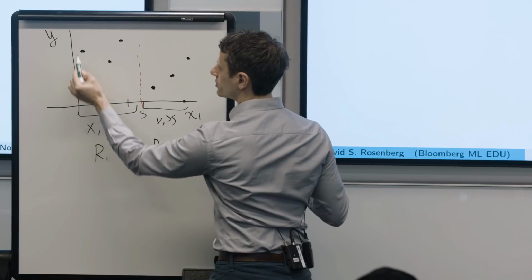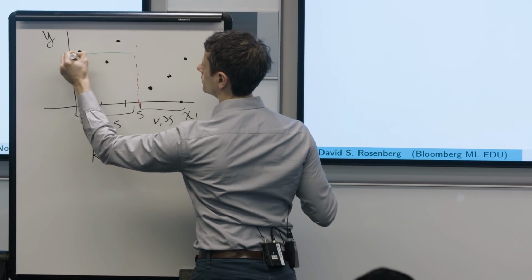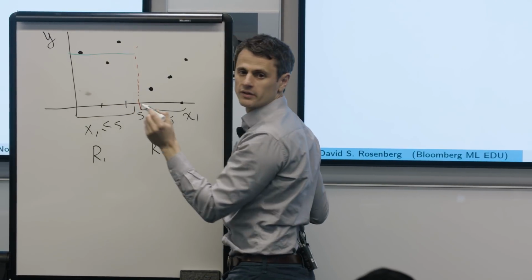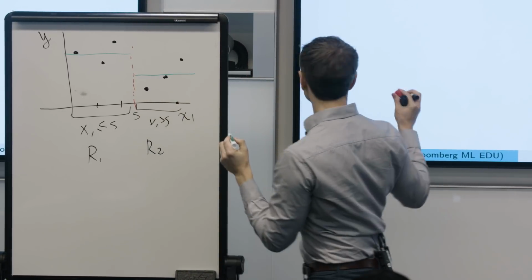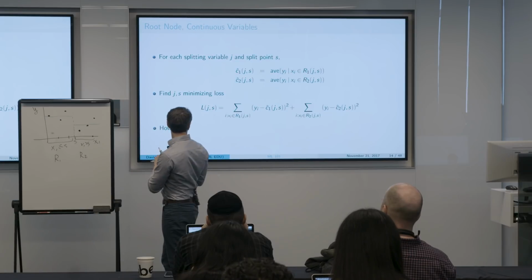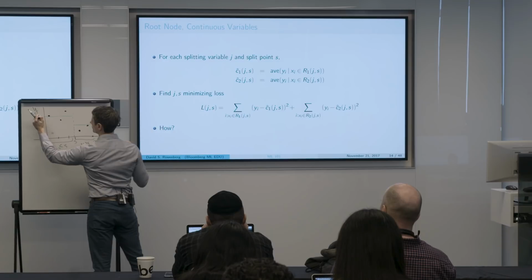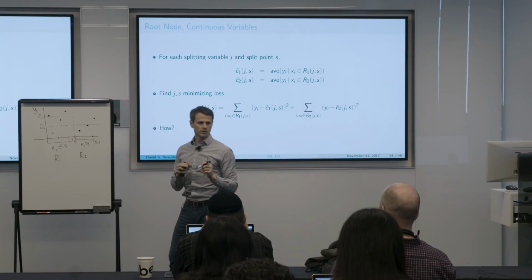Somehow the average of these points, so that's maybe about here. Anywhere in region 1, I'm going to predict something like that average. And over here, I'm going to predict something like this. So in our notation, this level is c1 hat, and this level is c2 hat. Clear?